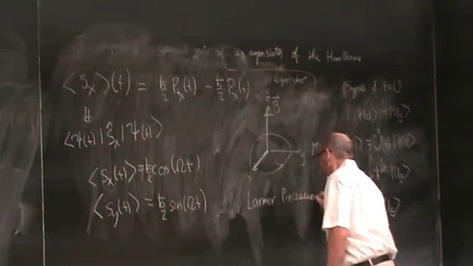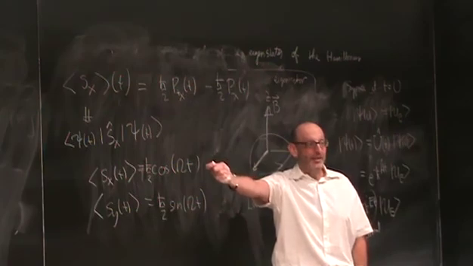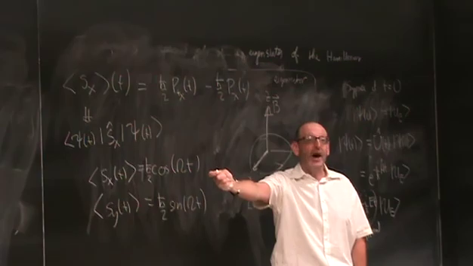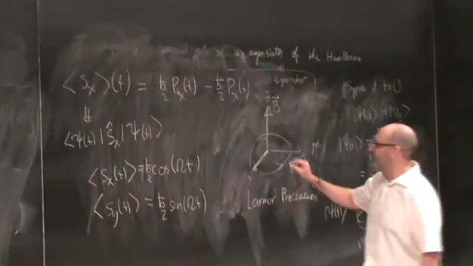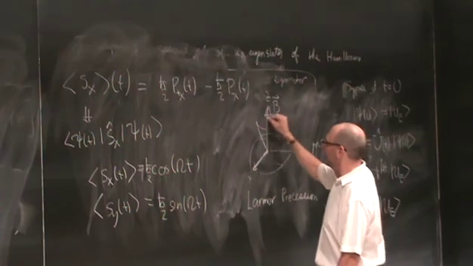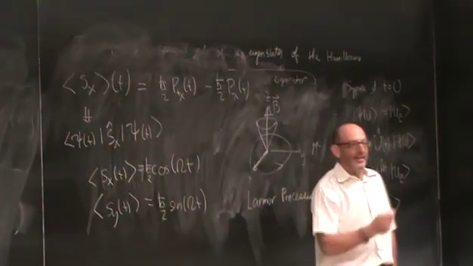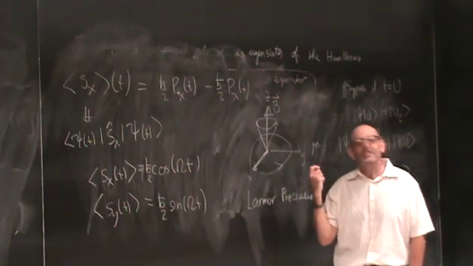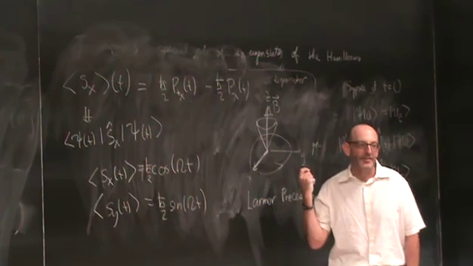In fact, it's exactly what you would see classically. If you put a magnetic moment in a magnetic field, in a direction other than along it, it will precess around that, like a gyroscope. And the quantum evolution is exactly the same as far as the mean value goes.